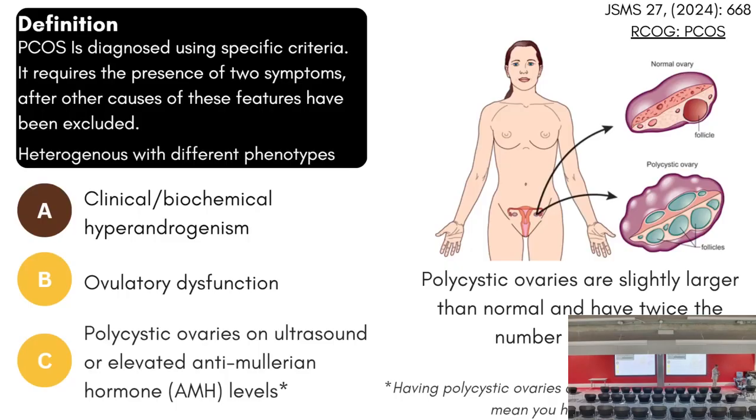Now, whenever you think about syndromes, it's important to realize that in science, what we often like to do is put things in boxes so that we can easily define them, okay? But with PCOS or anything which is called a syndrome, often there are multiple factors which contribute to an overall expression in terms of a phenotype.